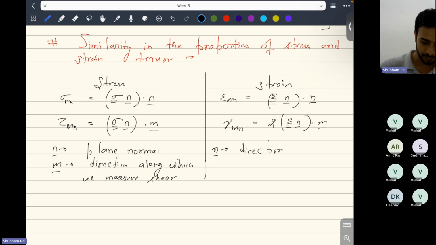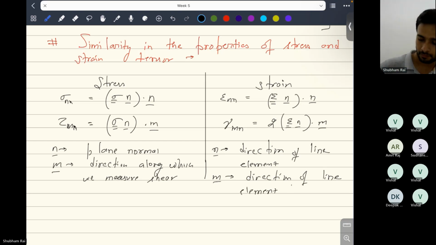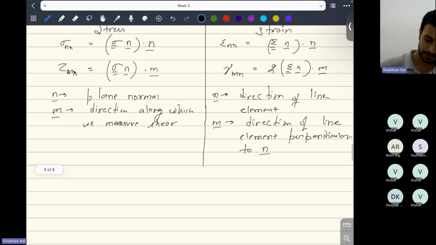So n is the direction of line element, and m is the direction of line element perpendicular to n. So that is the basic difference.